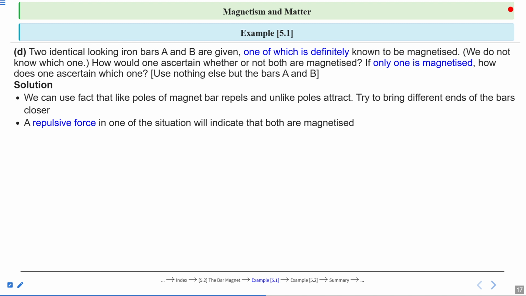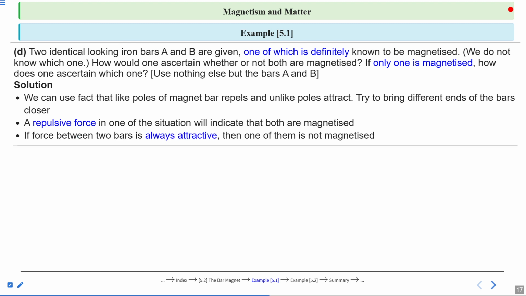Unmagnetized means a simple iron bar which has no magnetic properties. If the force between the two bars is always attractive, then one is a magnet and the other is only an iron bar with no magnetization. The magnet will attract the iron bar only, it cannot repel it.